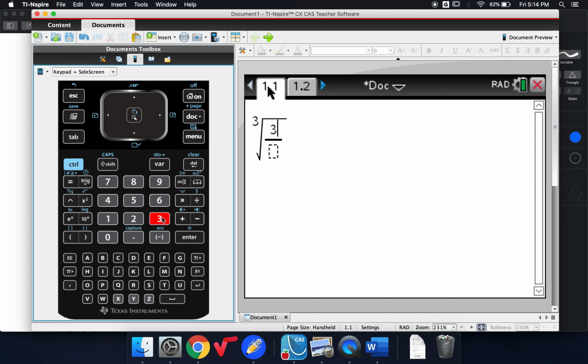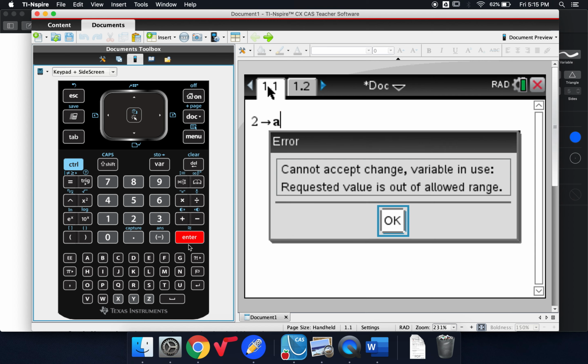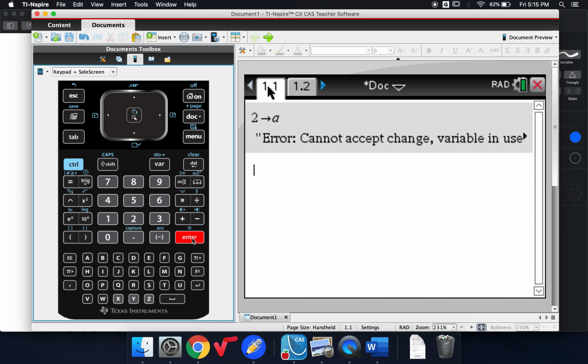Actually, I'm going to clear all of this out and use my calculator more effectively. So the first thing I'm going to do is store 2. I'm going to store it as the letter A. My variable is in use. Interesting.